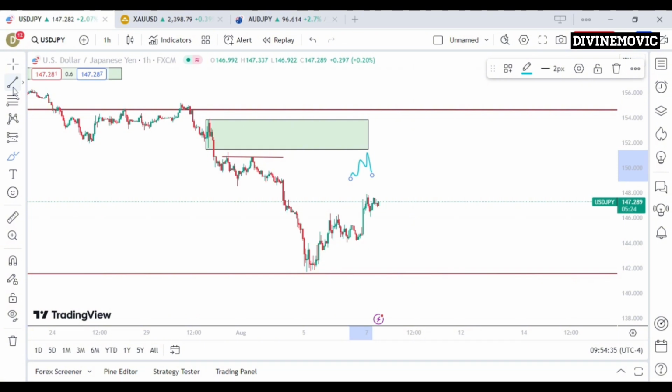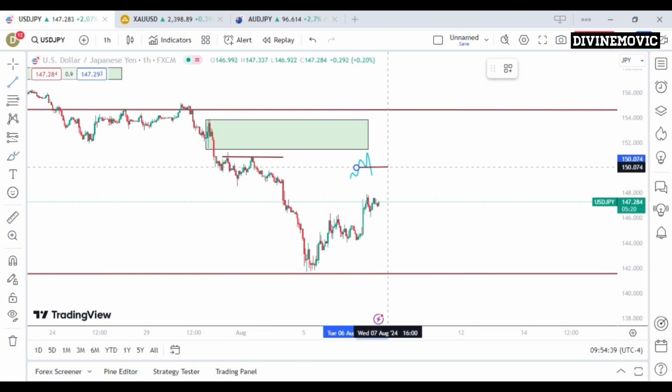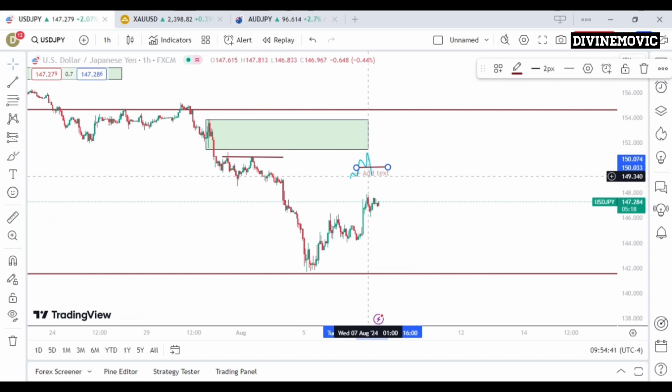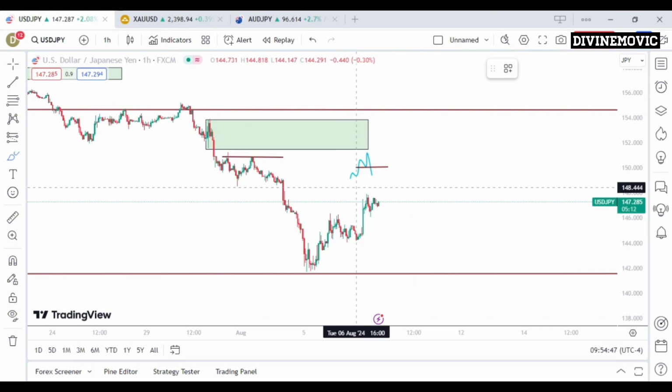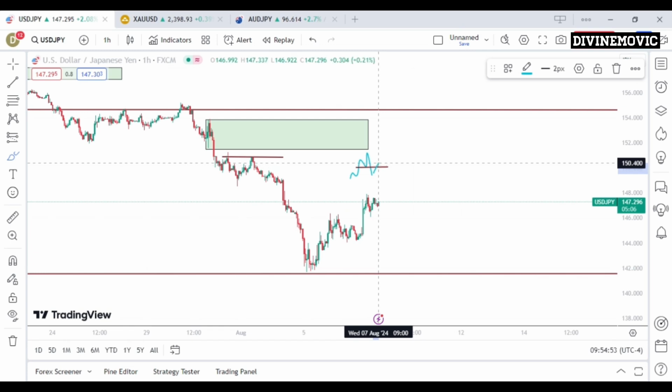When price took out this low that is here. When this occurs, I want to see price give me a little retracement to the upside at this point here, and then I'm going to enter for a sell to this point here.